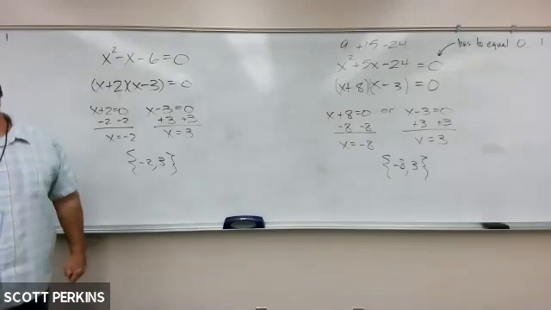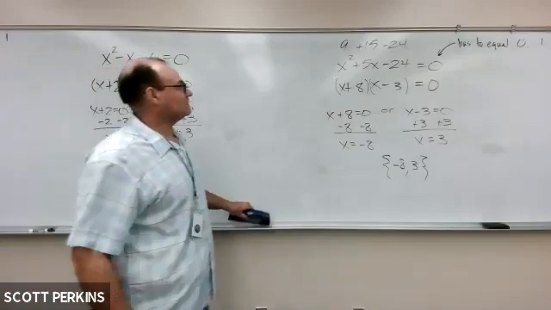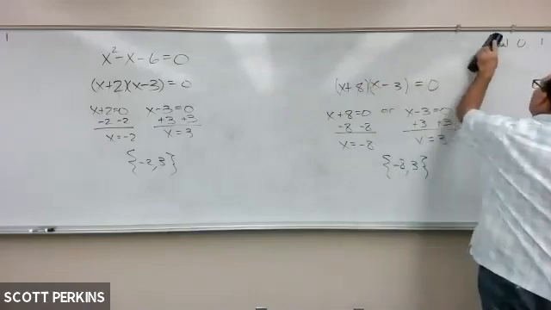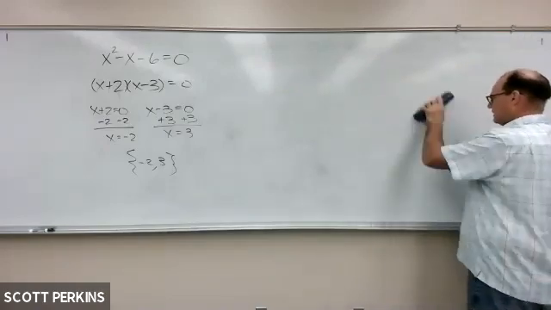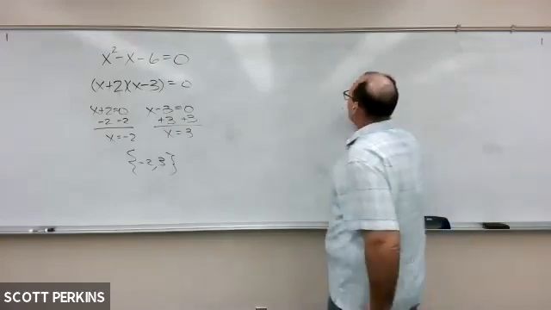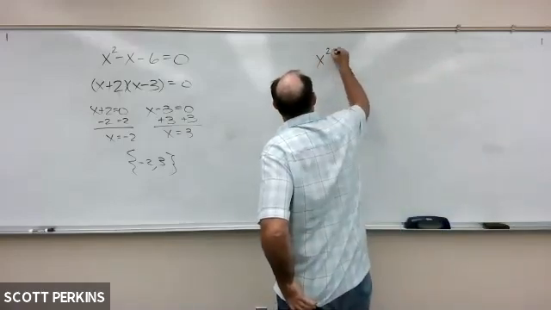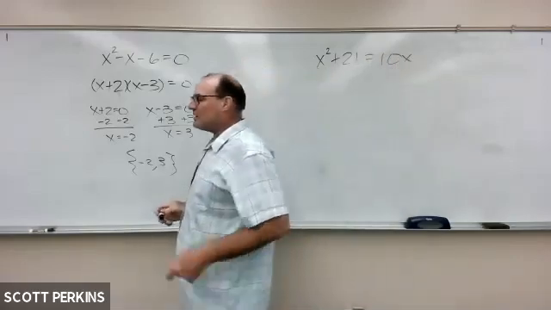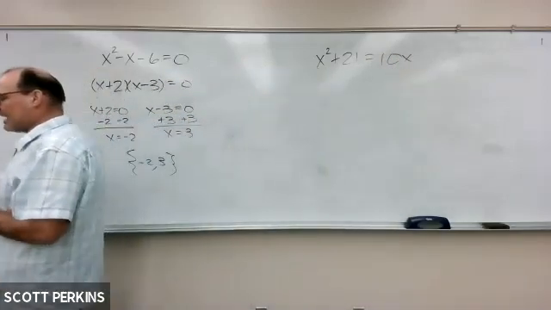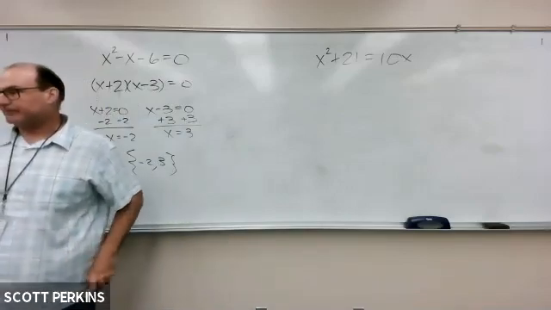Here is my next one. X squared plus 21 is equal to 10x. So write that down, and then you are going to propose a first step, and then I'm going to let you work the problem.